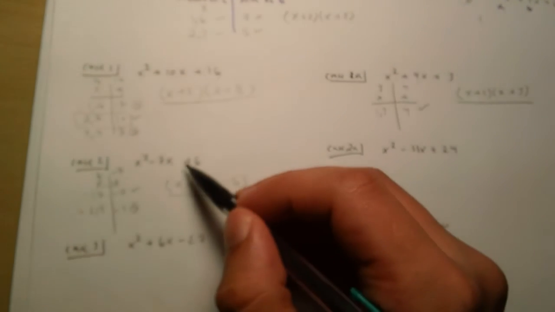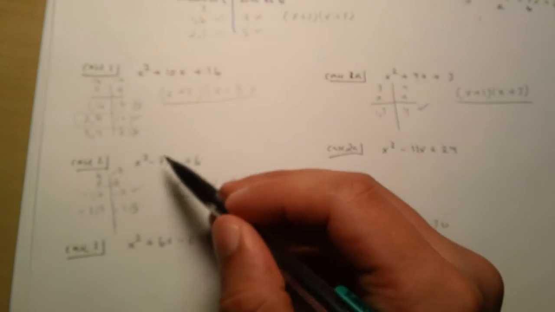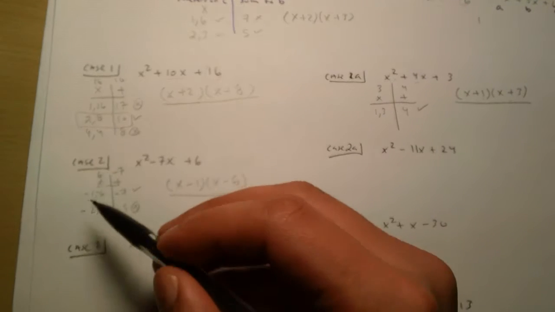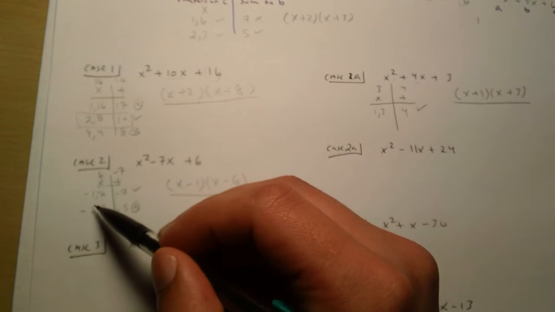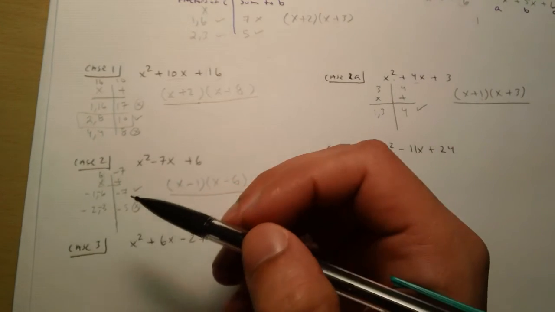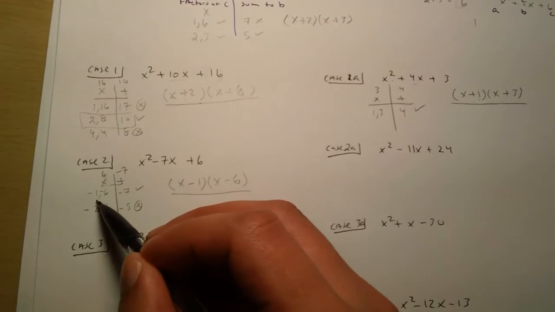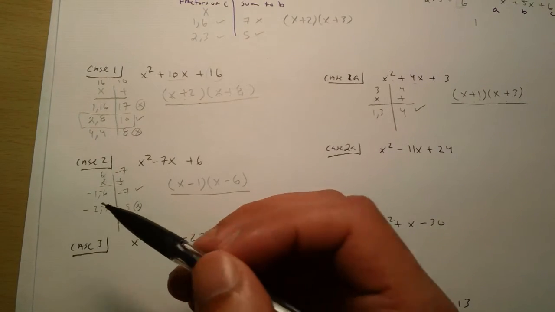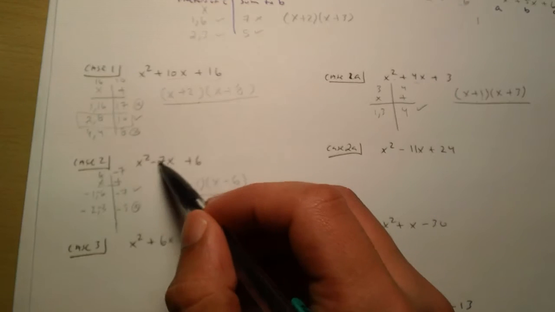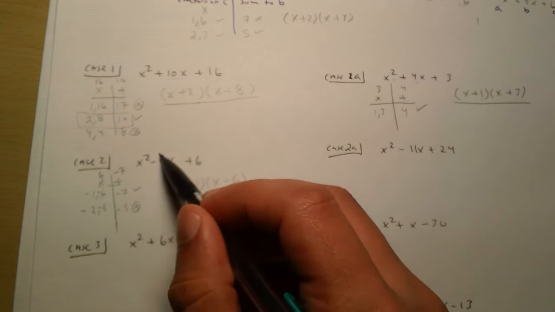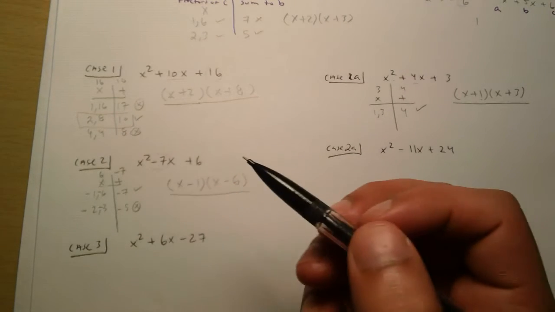Okay. So whenever we have a positive C and we have a negative B, then all of our factors will be negative. Okay? Because the negative times the negative gives you the positive also. And we're trying to add up our factors to give us the B value in the middle.